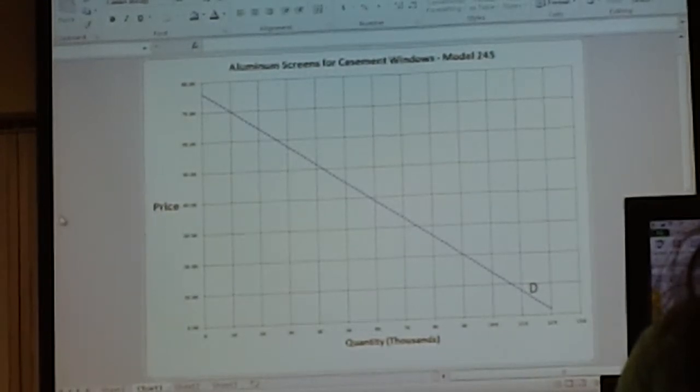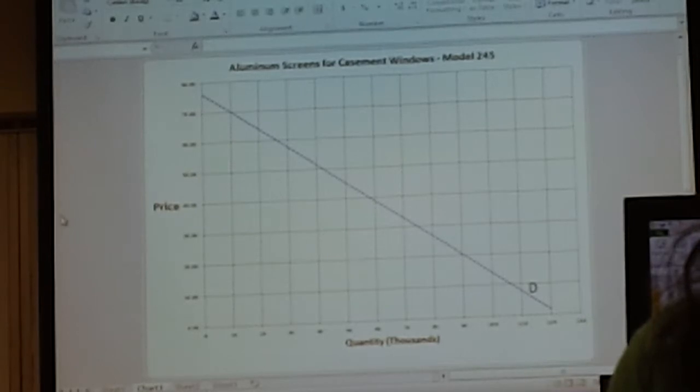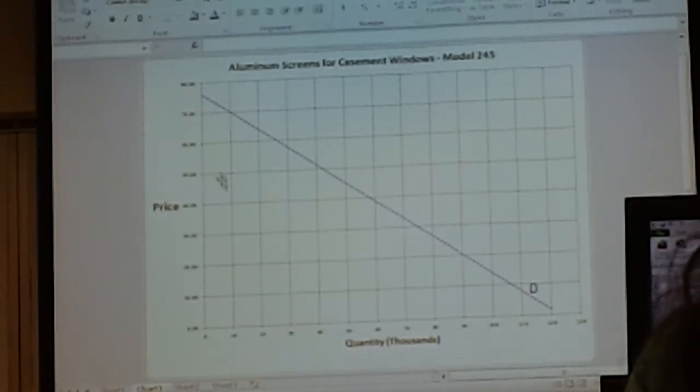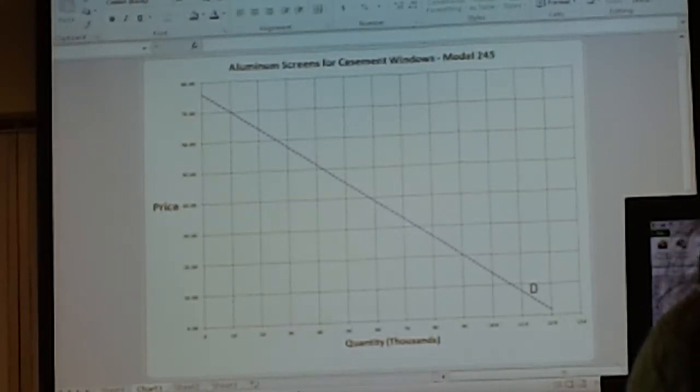If it's a monopoly, what does it depend upon? Their profit, right? And what do the profits depend upon? Marginal cost. Yes. We have to know two things, marginal revenue and marginal cost. But now, I'm going to show you how to put in a marginal revenue function. Here's the marginal revenue.